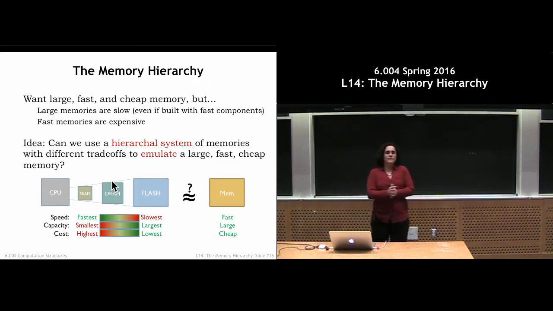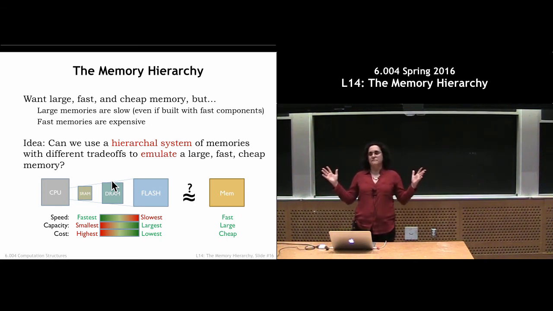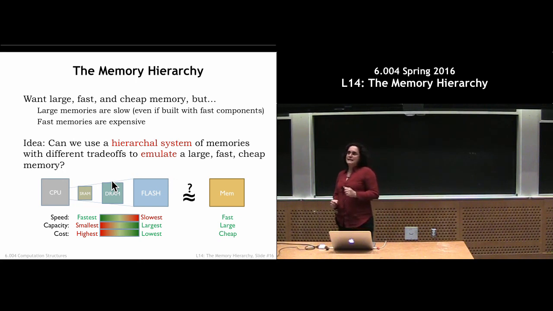So we want to envision the situation of what we call a memory hierarchy, where you'll have different types of memories making up your entire memory space, so to speak. The idea is that you would put things that are going to be used frequently into your fast memory, and things that are going to be used infrequently into the slow memory.